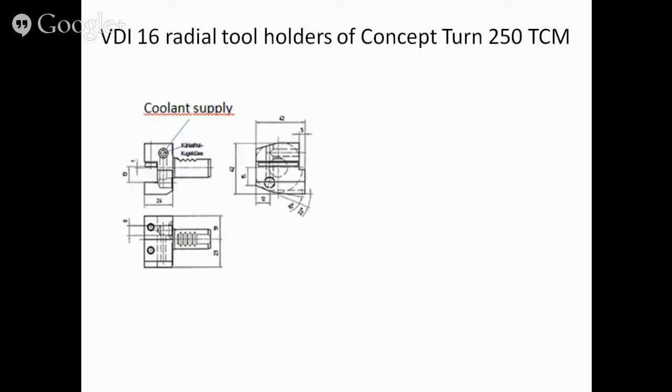Let's now have a look at Concept Turn 250 TCM tool holders. There are two main types of radial tool holders. This tool holder is used when the spindle turns counterclockwise. The FANUC T symbol for the counterclockwise rotation is M04.